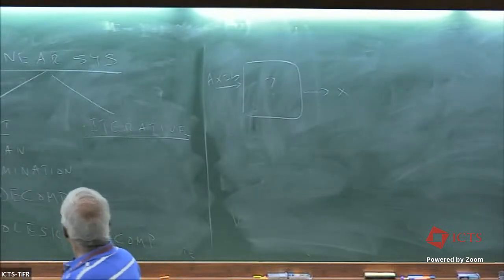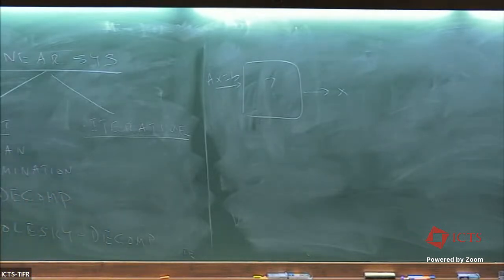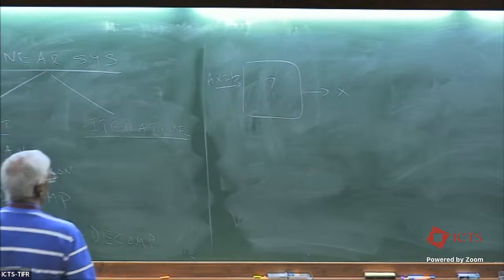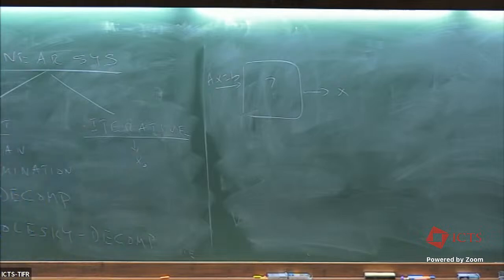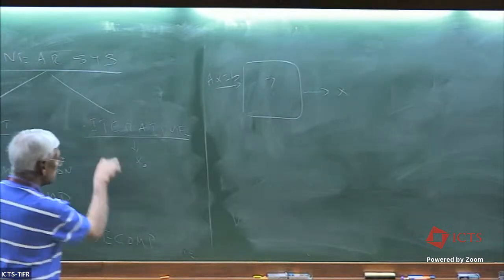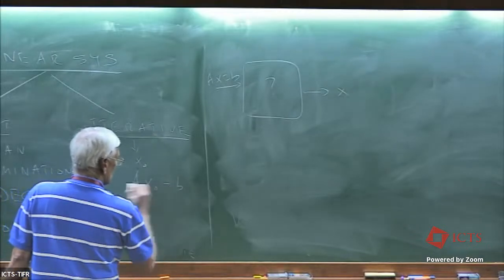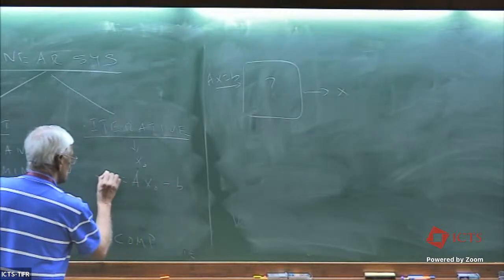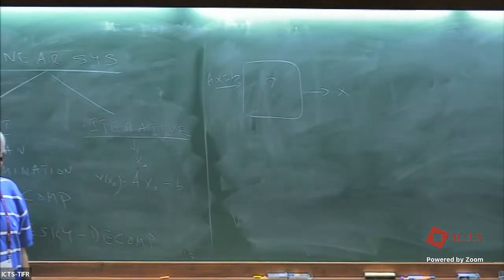In the iterative technique, on the other hand, you always approximate. So you start with the initial solution x0. You substitute x0 in Ax = b. This is called the residual. If the residual is 0, you are done.